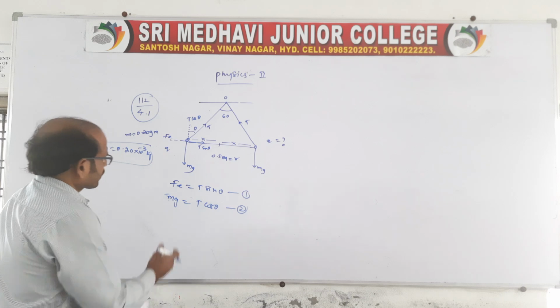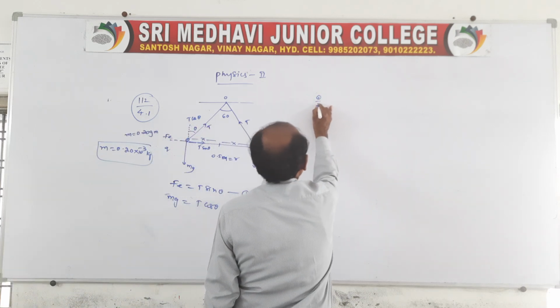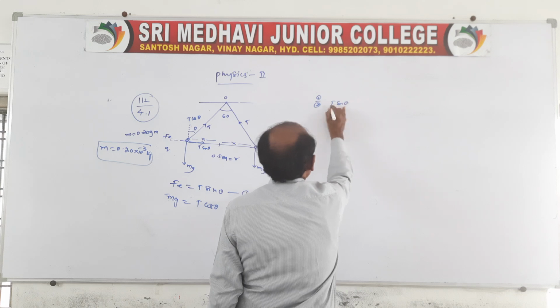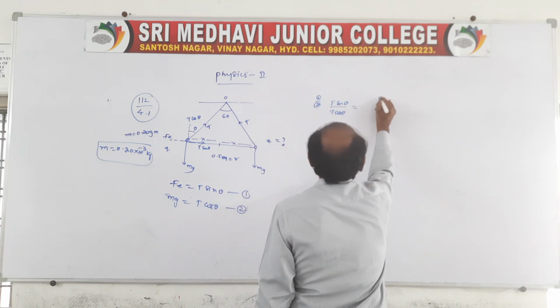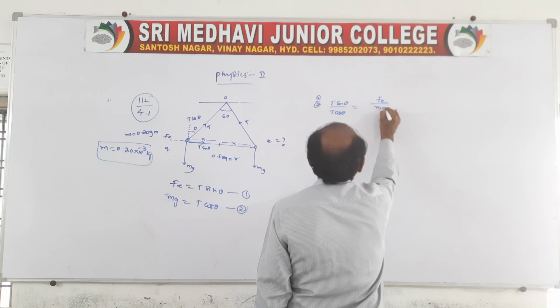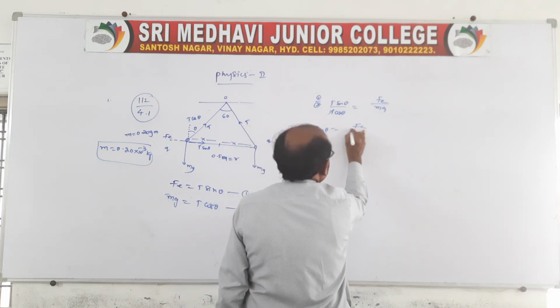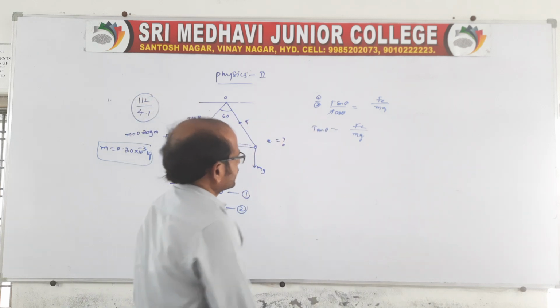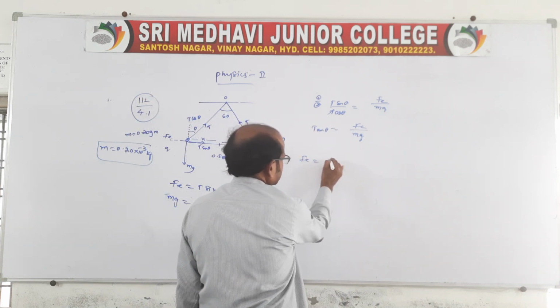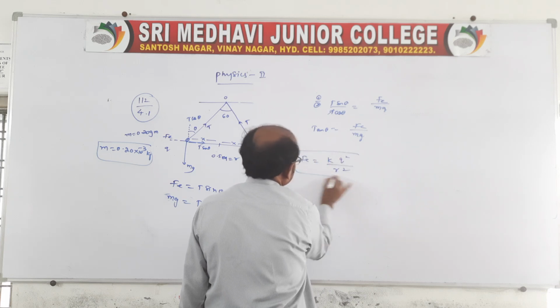Now take T sin theta by T cos theta, equation 1 divided by 2, which is Fe by mg. T cancels, therefore tan theta is equal to Fe by mg. Here Fe is the force between the two charges, K q square by r square, where r is the distance between the two charges.